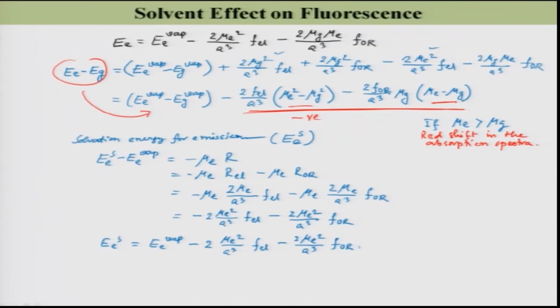Similarly, I will also have to get the EGS, right. So, that I can also do easily. So, I can write EGS minus EG vapor, let us do that over here. So, this is another important equation here.